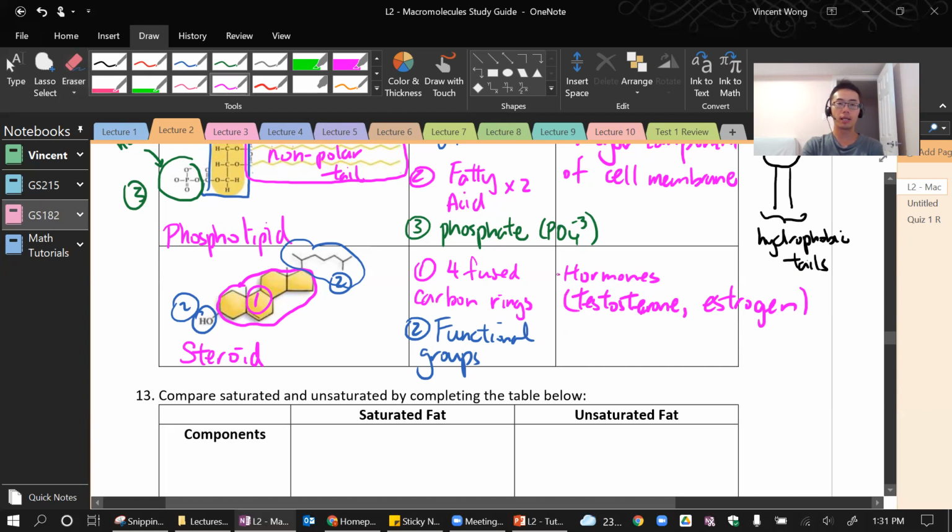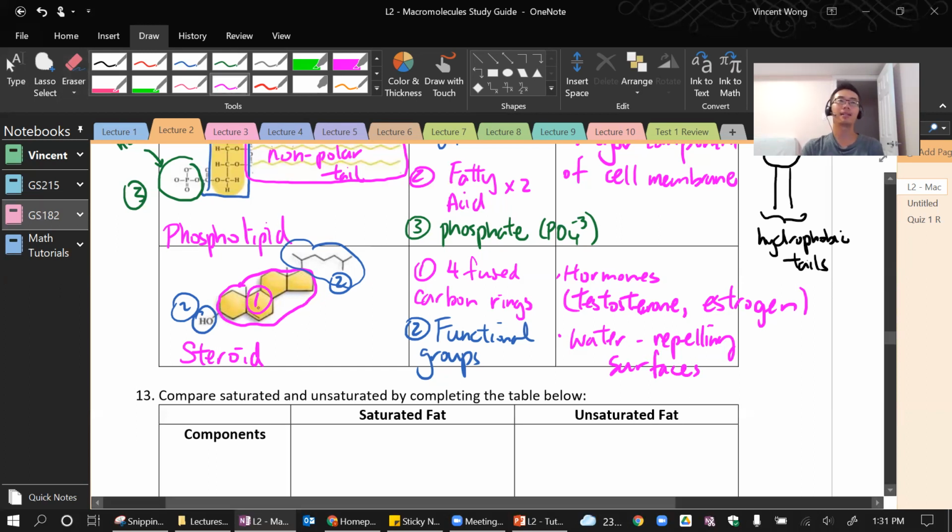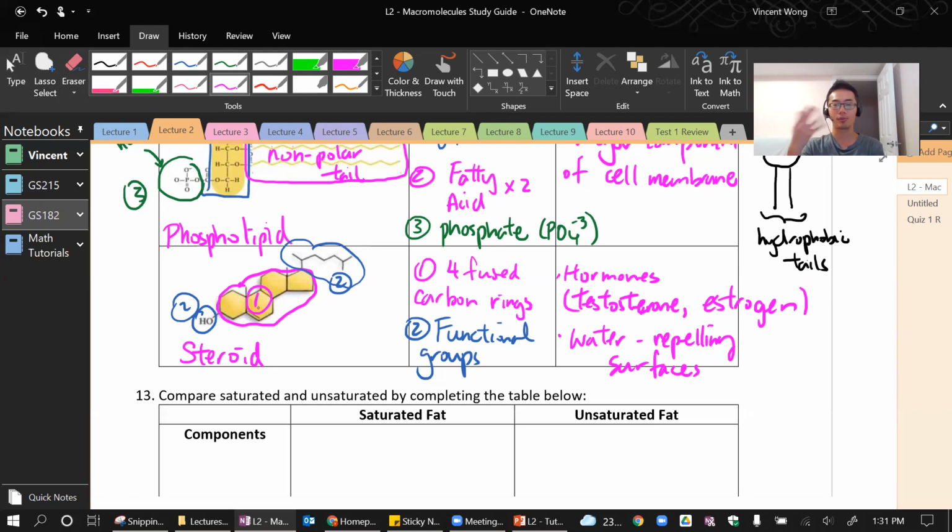We also need steroids to form water repelling surfaces. So if you think about the waxy coating of an apple, that's the wax. It's a steroid. It's hard to visualize because when you hear the word steroids, you think about how people use the word steroids, like performance enhancing drugs.